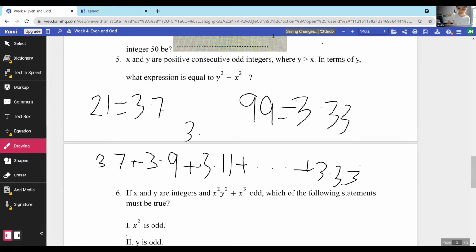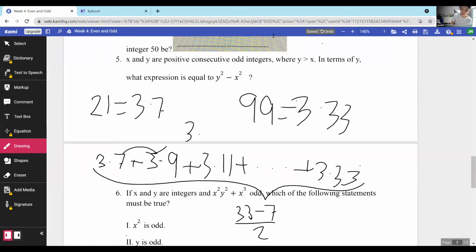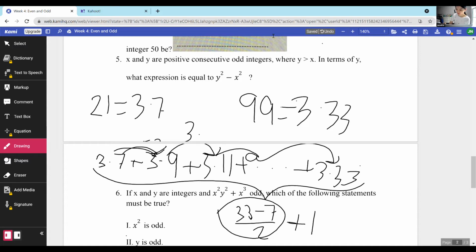And then in order to count the number of terms in the sum, you do (33 minus 9) over 2, you divide by 2 because these are counting by 2's. And then plus 1, because this part accounts for how many skips you do. So the amount of leaps will be this amount, but then you also have to count the first term.